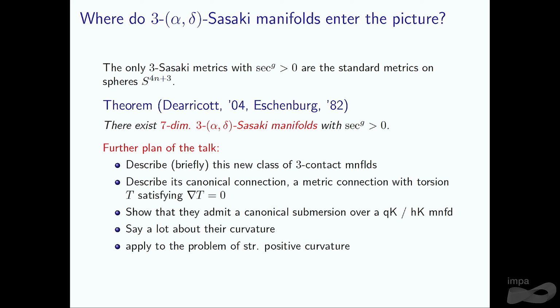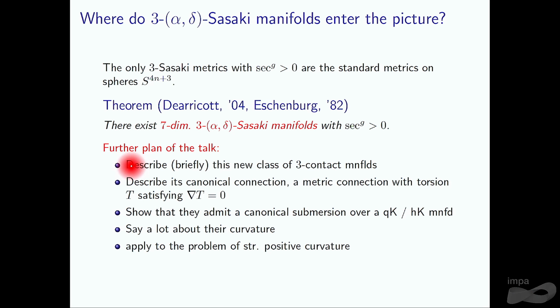I still didn't say what they are, but at least we can interpret their results as claiming this. So if we look at the class of 3-α-δ-Sasaki manifolds, they do admit metrics with strongly positive curvature, and therefore asking what the 4-form is not an empty problem.